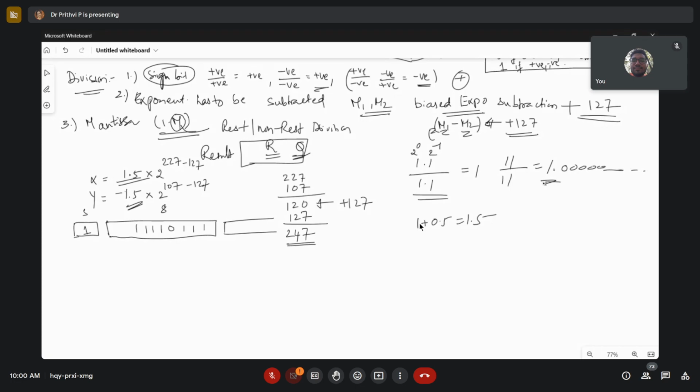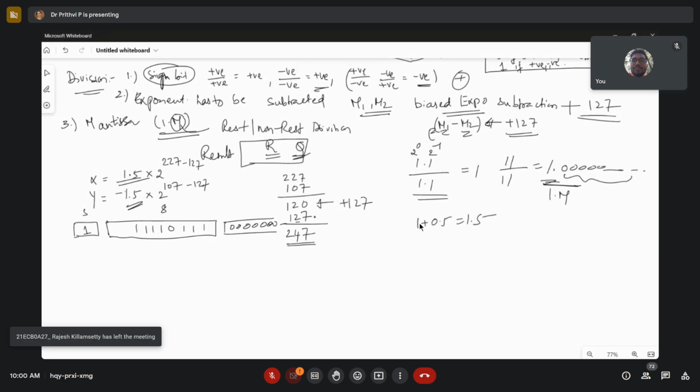If I take this value in 1.m representation format, my mantissa portion will be all 0, continued for 23 bits. Yes or no?